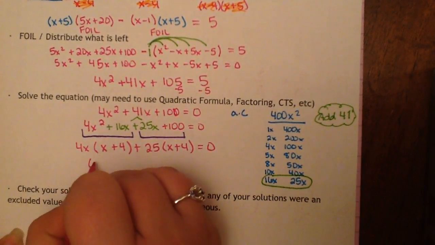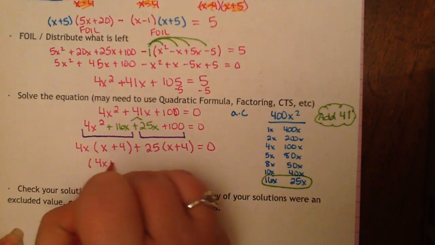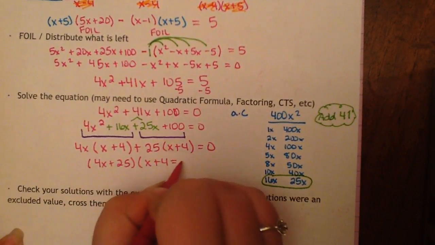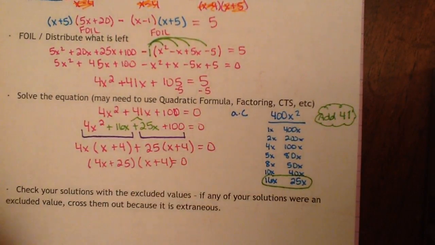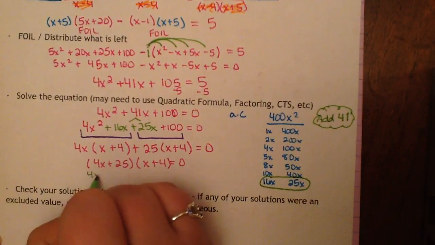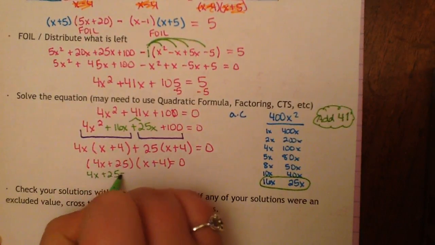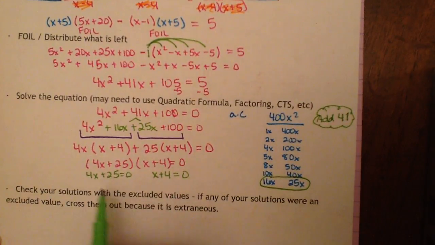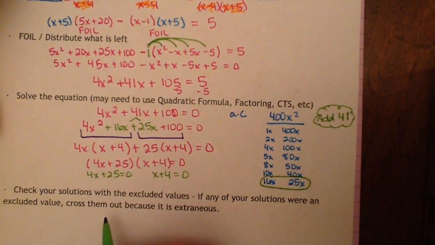So now, to factor this, I've got 4x plus 25, and I've got x plus 4. Now remember, when you have these, you need to set them both equal to 0. So 4x plus 25 equals 0, and x plus 4 equals 0. These are what will get us our solutions.